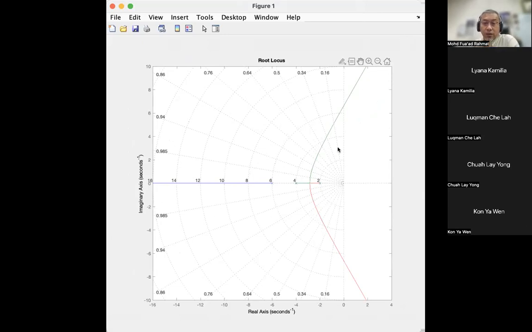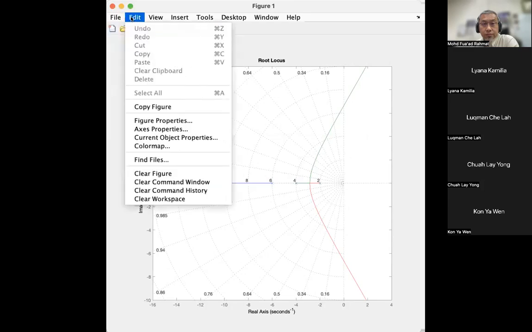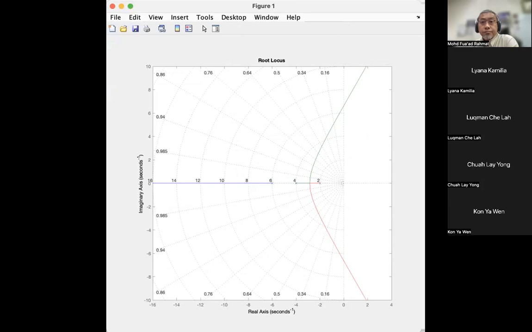Okay, so that is the root locus. So you assume that this one is given. Okay, so copy figure.